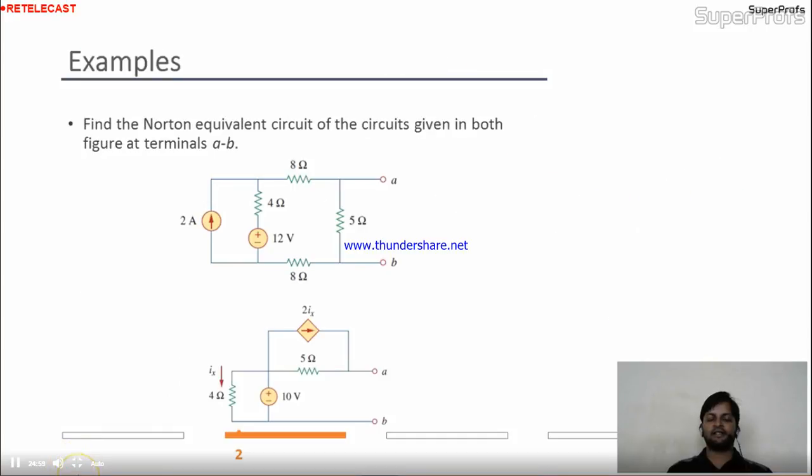We'll take an example on Norton's theorem. Please read it. Find the Norton equivalent circuit of the given circuit in both figure A and B. So first we'll take this circuit. Our task is to find the Norton equivalent circuit. Means this entire circuit you are going to replace by, wait a minute, this.